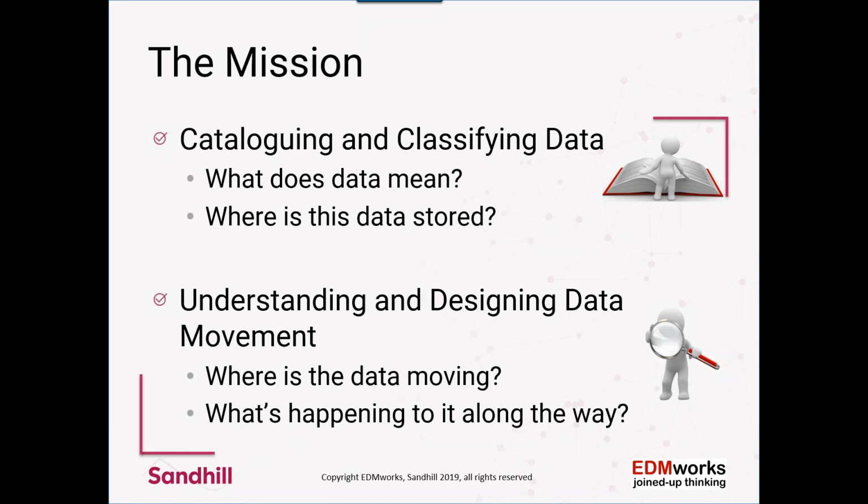One of the things we talked about previously is that the Irwin range of products provides for the governance, management and definition of data. Two very key things we want defined and nailed down properly are that we need to understand what our data is, and we need to catalog and classify it so that everybody has a single source of definition, a single version of the truth of what that data means and where it is stored.